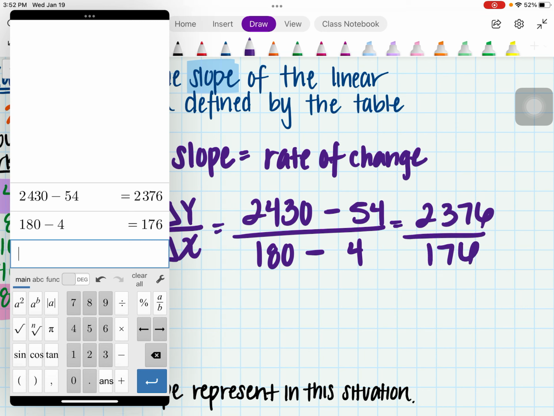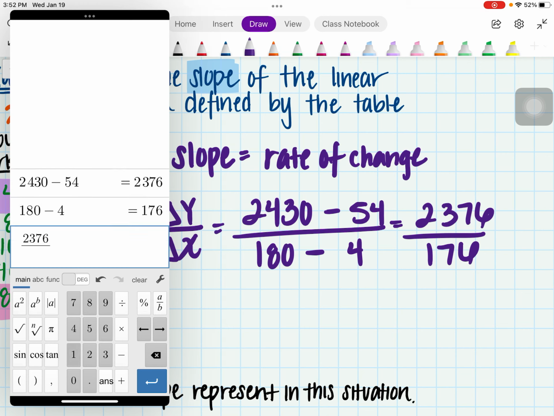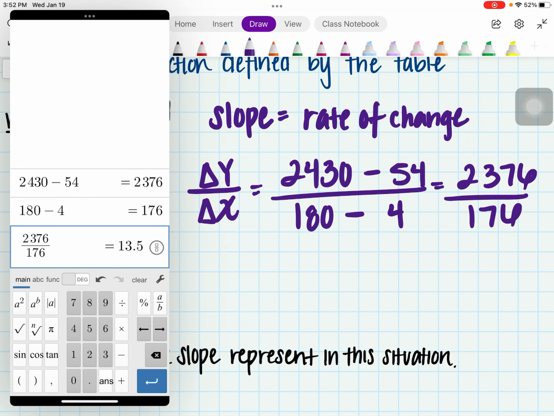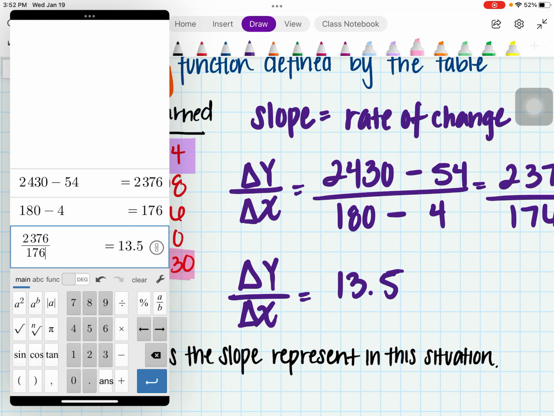So I have 2,376 over 176. Let's see what that gives us. 2,376 divided by 176. And that is going to give us 13.5. So rate of change, or the change of y over the change in x, equals 13.5.